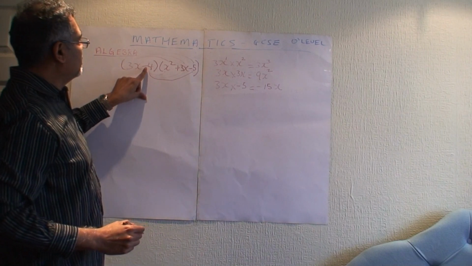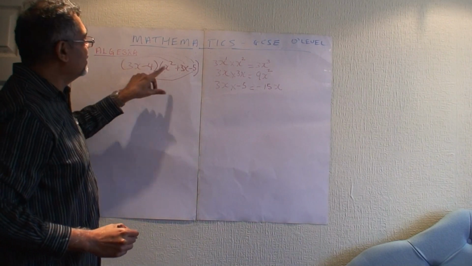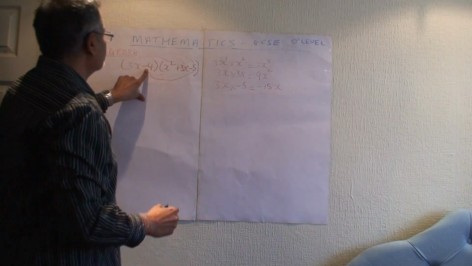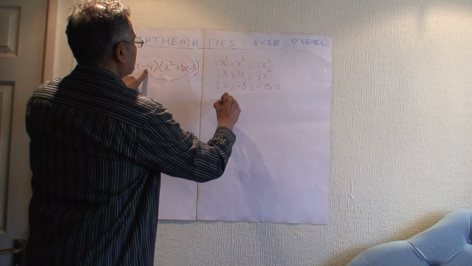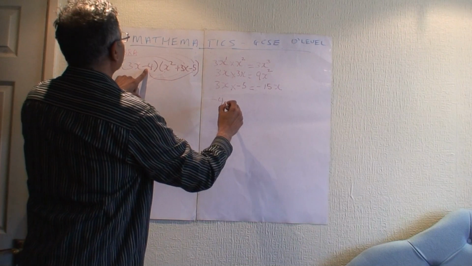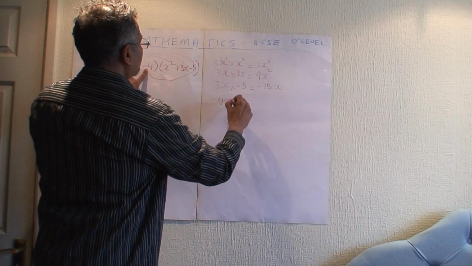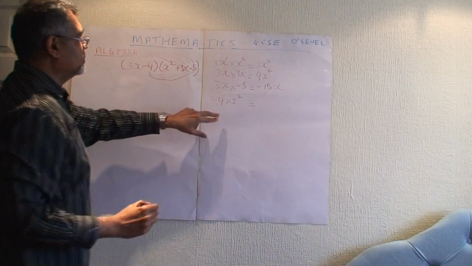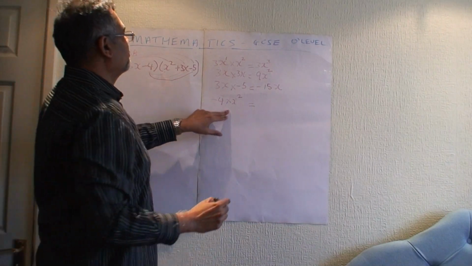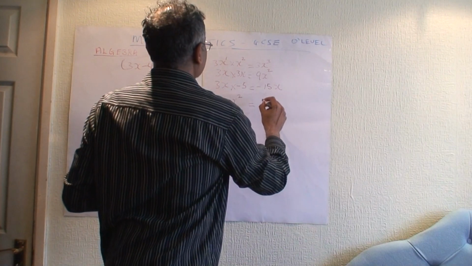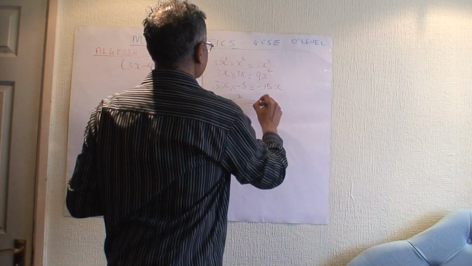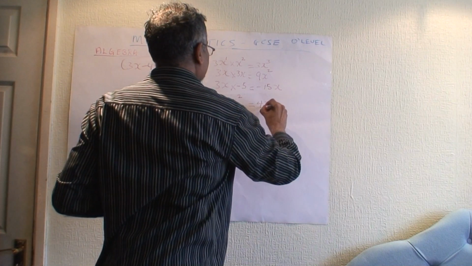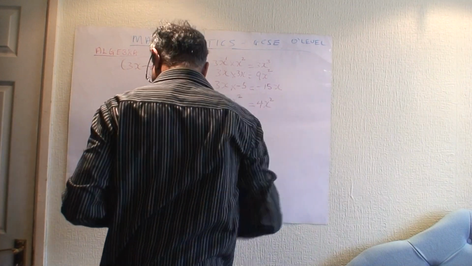Now we multiply this part of the expression by negative 4. So we have negative 4 multiplied by x squared. Do you know how to work this one out? That will be negative 4x squared.